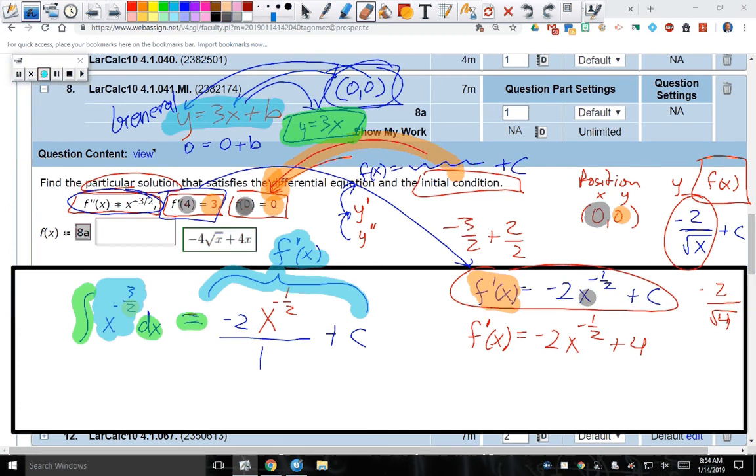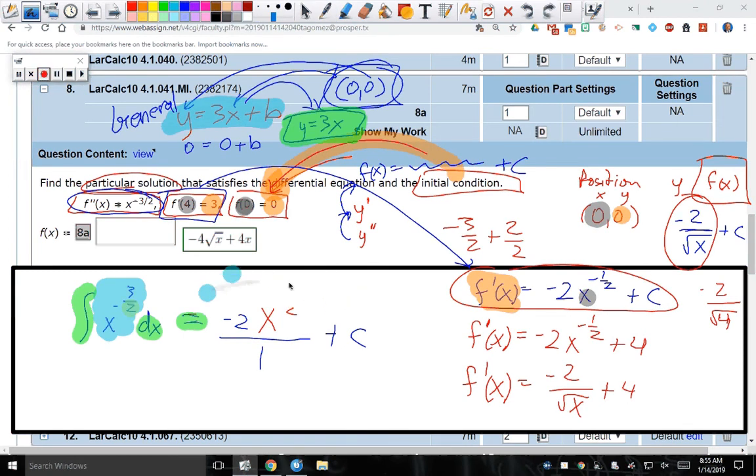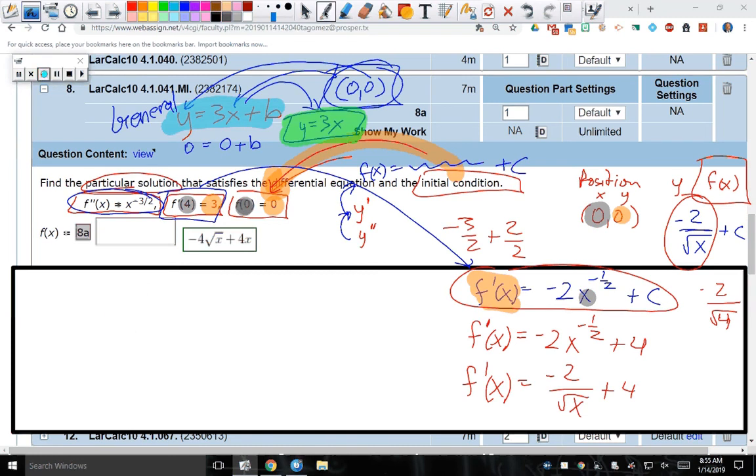Now, we can, if you want, write it like this. But nonetheless, we're going to have to integrate one more time. We have to get all the way to the position function in order to get the solution to this differential equation. Because again, the solution to differential equations is going all the way back to f of x.